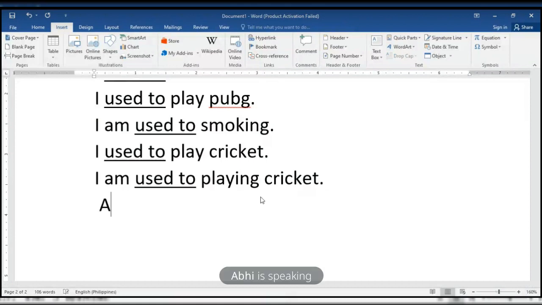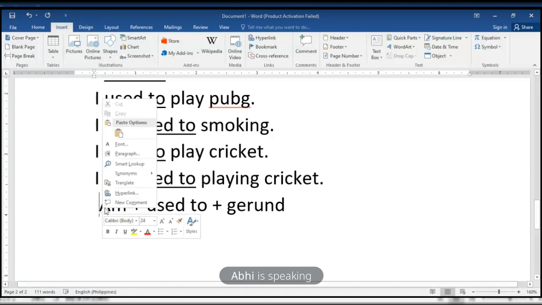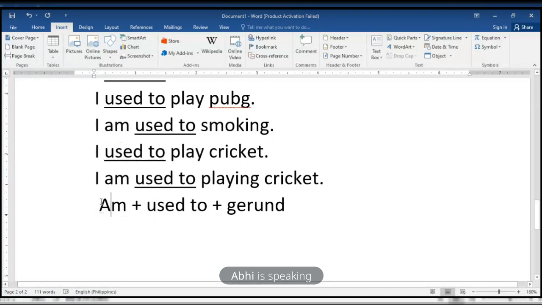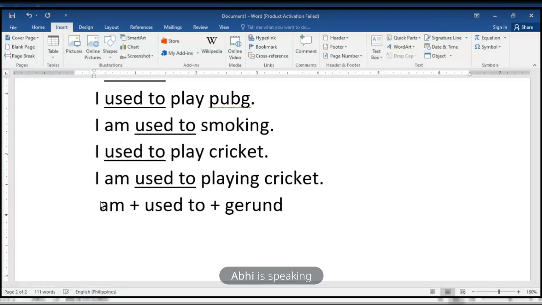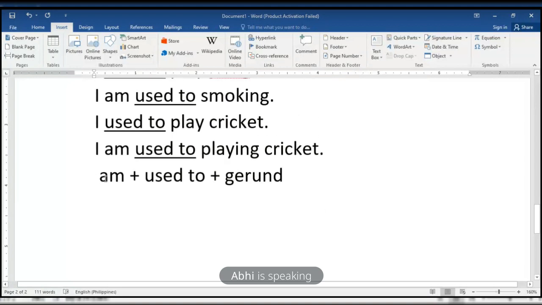I'm talking about this: when I say "I used to play cricket", it's a past habitual action, my regular action of the past. So here, after "used to", I have used the verb's first form. But when I say "I am used to playing cricket", it is right because here "am" is a form of be.